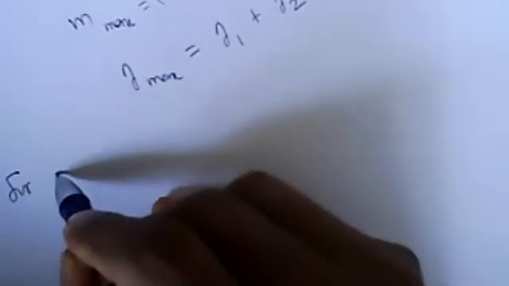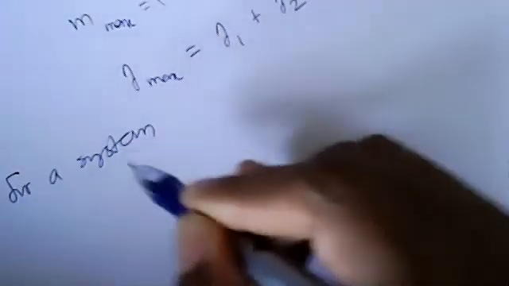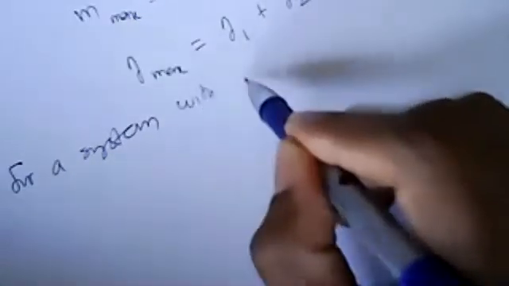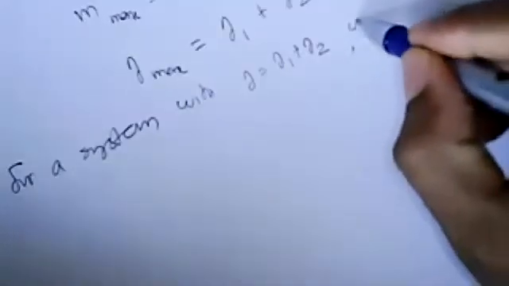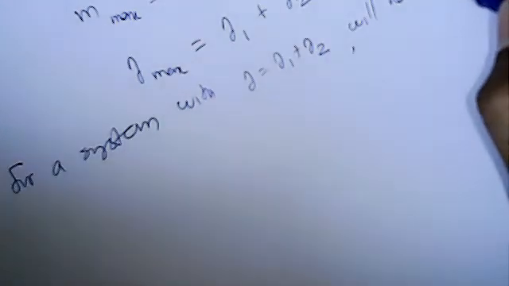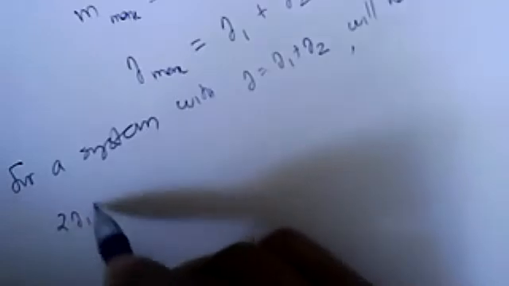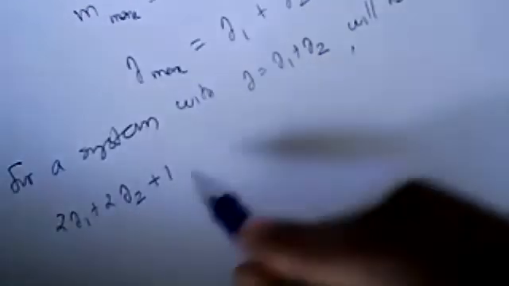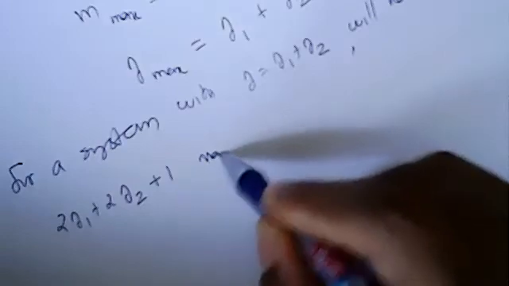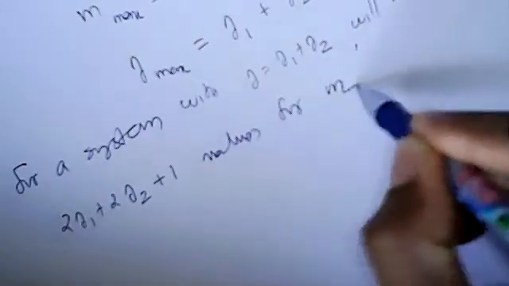For a system with J equal to J1 plus J2, how many M states? 2J plus 1, which is equal to 2J1 plus 2J2 plus 1 values for M. What are they?